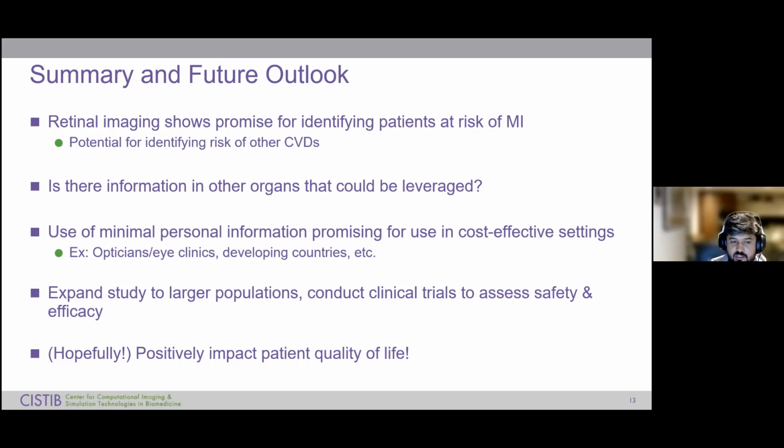But to be able to assess larger populations and to test this in a real-world setting, we would need to first conduct extensive clinical trials to assess the safety and efficacy of such a computer algorithm, and hopefully through those clinical trials get regulatory approval to actually deploy such a system and have a positive impact on improving patient quality of life.